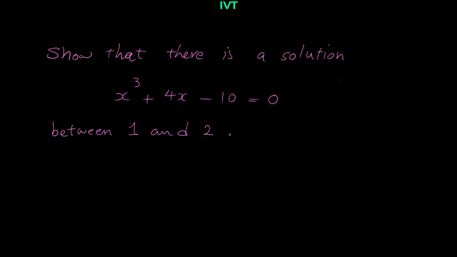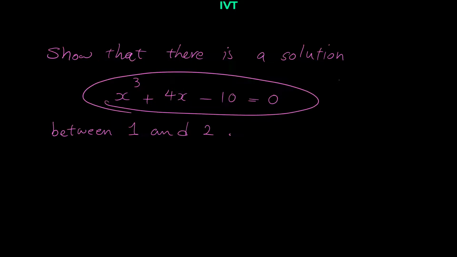Attention, here we don't want to find x, we only want to show that this equation has a solution, and that solution is between 1 and 2. So we claim that somewhere between 1 and 2, maybe something like 1.6, 1.7, this equals 0. We want to prove that this happens.